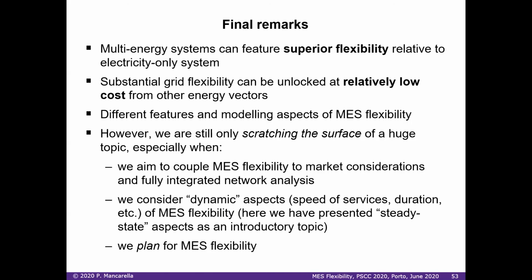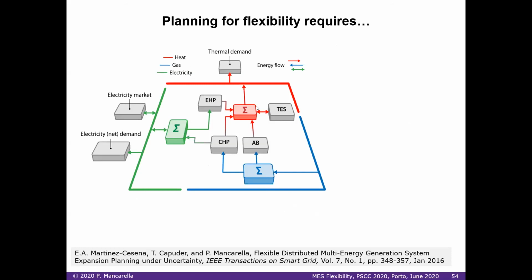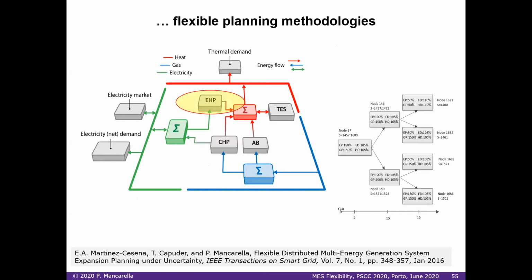And particularly when we want to plan for flexibility, you will need flexible planning methodologies. Because, for example, what we have shown in previous work and what we've seen done by others is that if you really want to exploit all the flexibility from all technologies in operation, you need to plan properly.